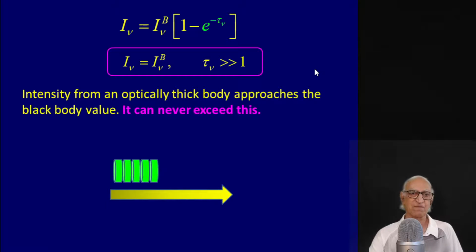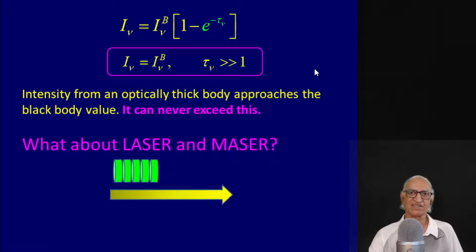So I say, what about a laser or a maser? You know that a laser or maser, before it starts lasing, will emit radiation like the neon light in your shopping district. Suppose we are considering a helium neon laser, you will find a glow of red light just like in the shopping districts. But when it starts lasing, the intensity of that radiation will increase millions and millions of times.